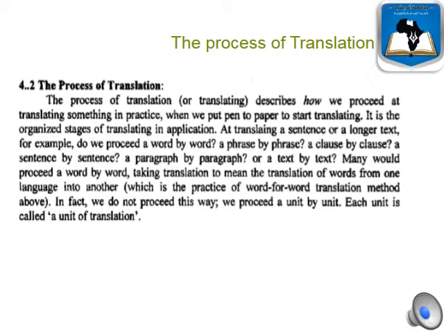We don't proceed word for word or sentence for sentence. We actually proceed unit by unit, so that we can make a good translation of a text. Because sometimes you find that your translation wouldn't look good. يعني بتكون ركيكة شوية الترجمة. لما تنقلها بكلمة بكلمة تختلف.